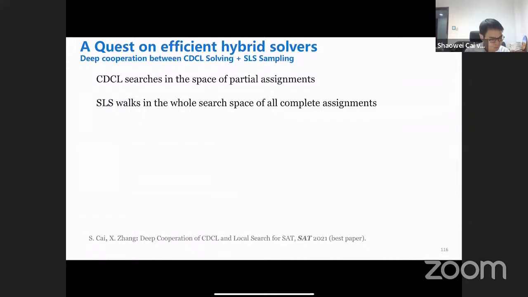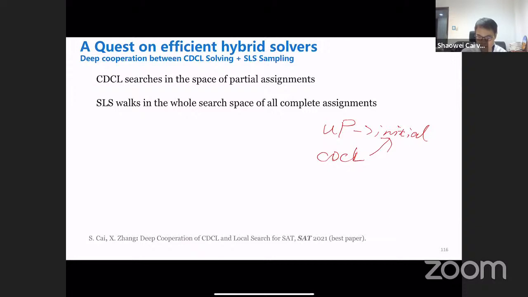And then I was thinking, if we use UP to construct an initialization, why not directly use CDCL to design an initialization? That should be more powerful, right?